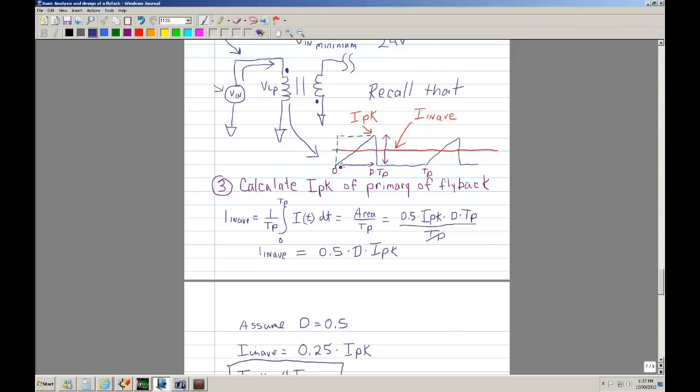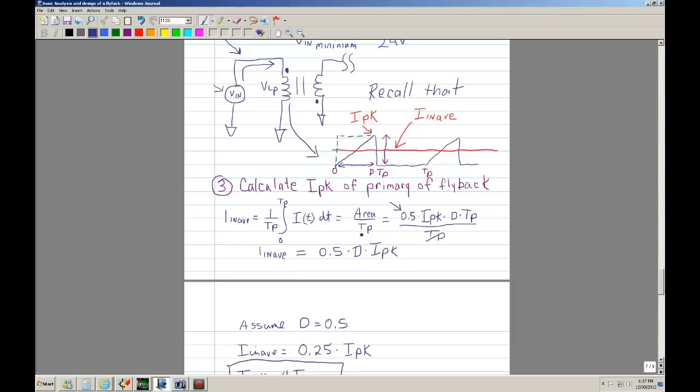Keep in mind this is a triangle. If we make it a square wave instead, we know how to calculate the area of a square. But a triangle has half the area of a square, so we use 0.5 to adjust for the area.